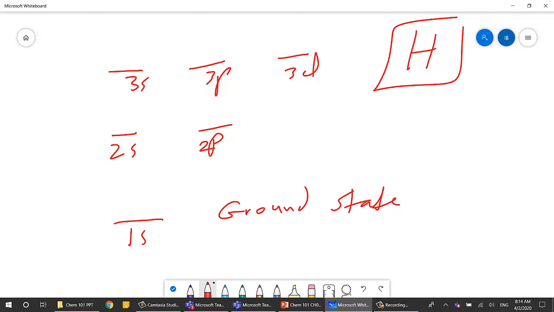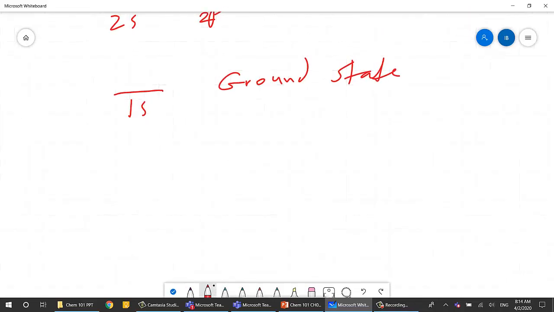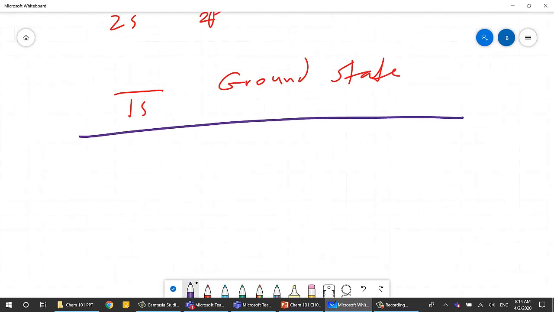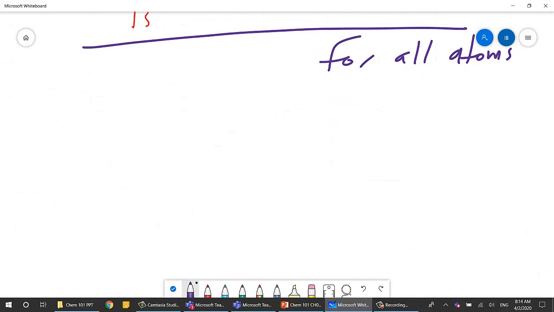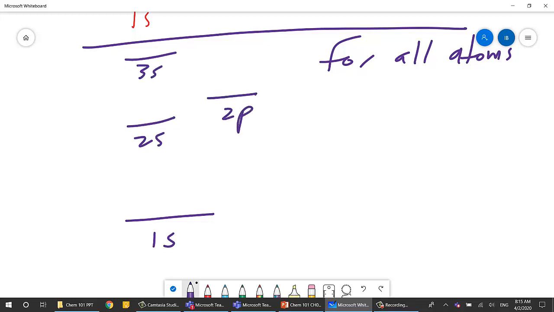Now, if you switch to another atom, for all other atoms, including helium, lithium, sodium, whatever you like, the ground state is the 1s, which is the lowest in energy. But the 2s would be a little bit lower than 2p. And the 3s is lower than 3p, and so on.